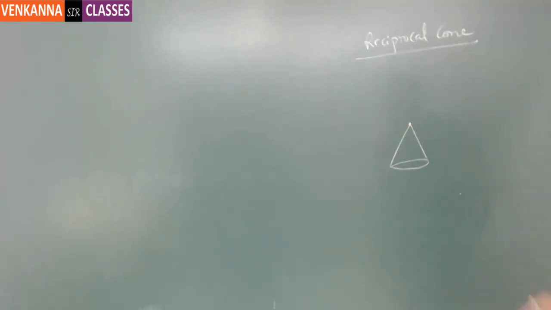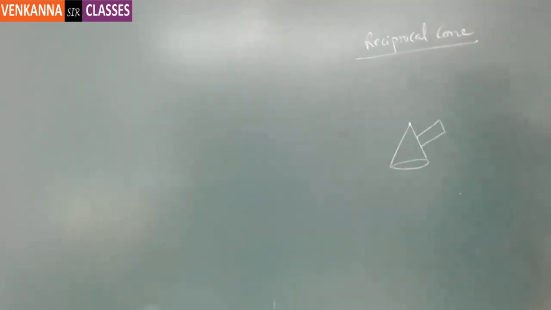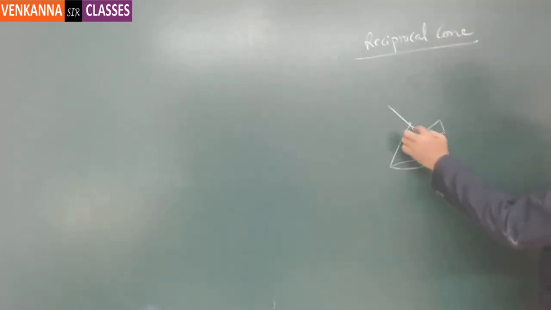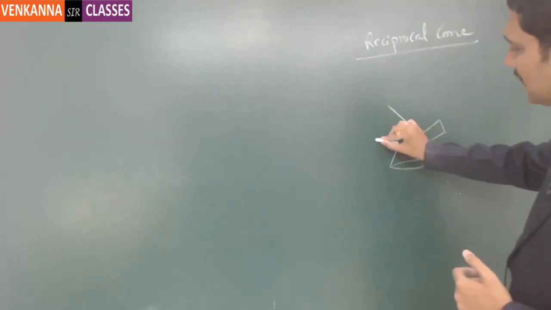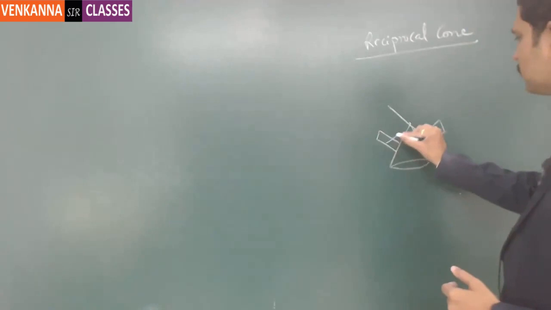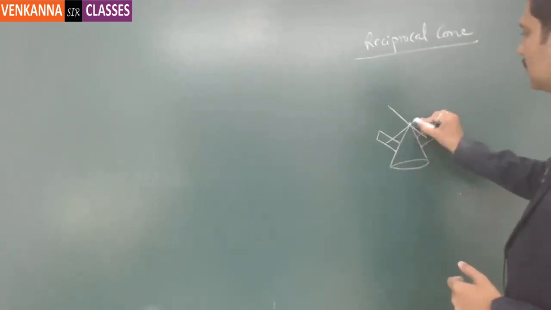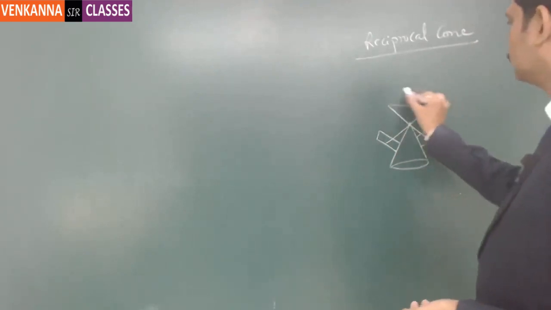Now what happens if you consider a tangent plane to it? Then the normal will pass through the vertex and become a generator of the other cone. Similarly, if you consider another tangent plane here, its normal, which passes through the vertex, will become a generator. So here you will get the other cone.